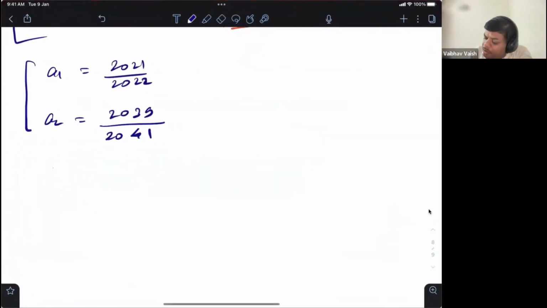I have to make no cancellations, and I add 18 again. So I get 2057, right? And now I have to add 19 to this one. So when I add 19, I get 2060.